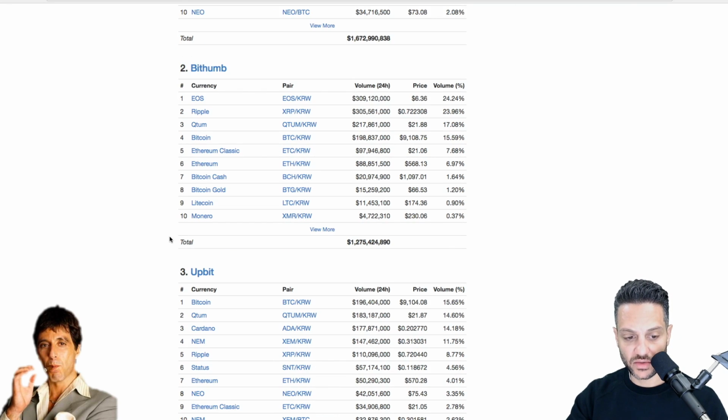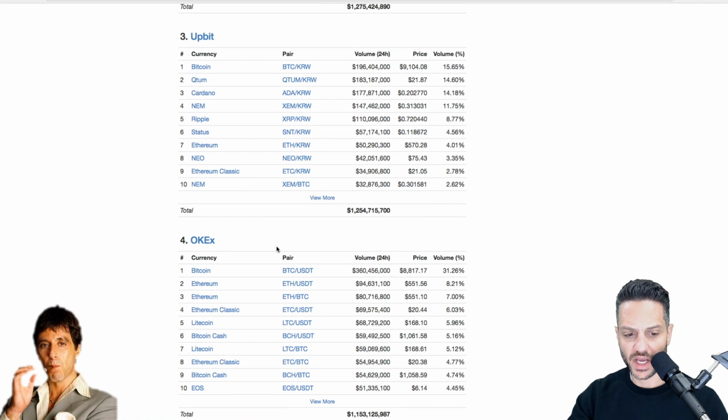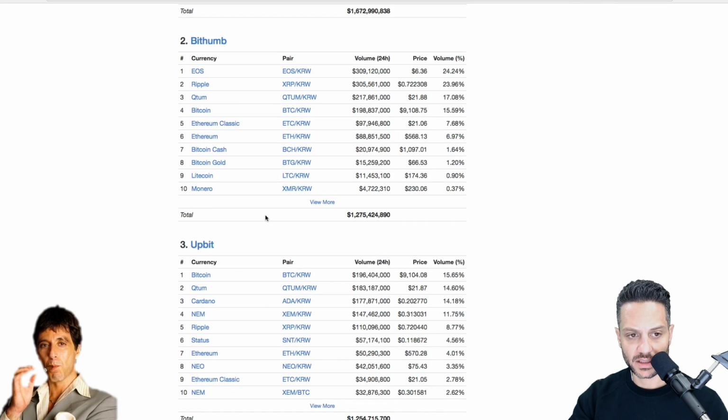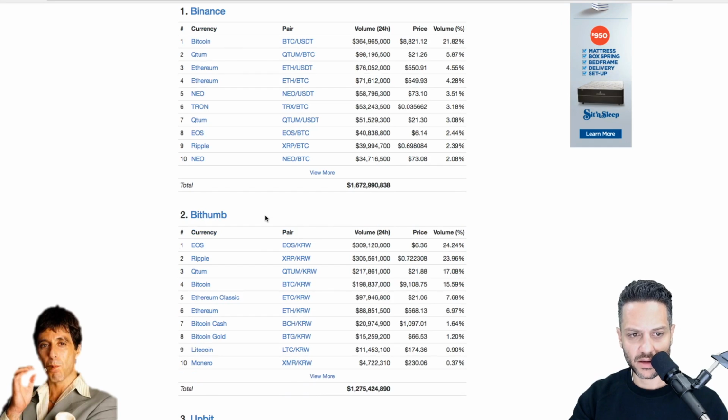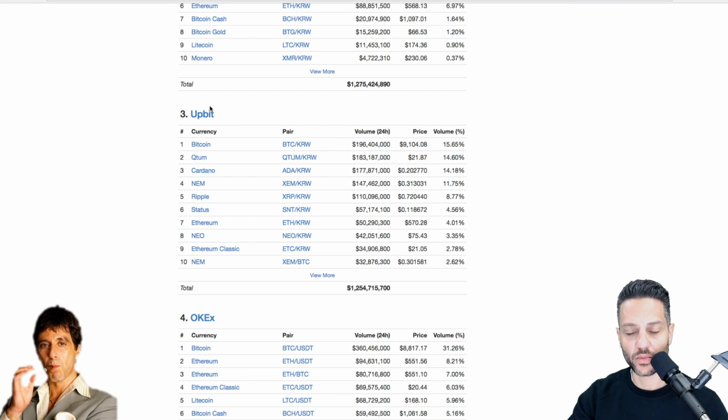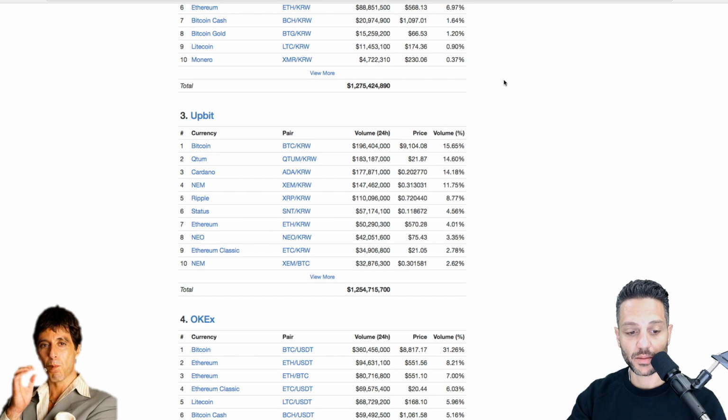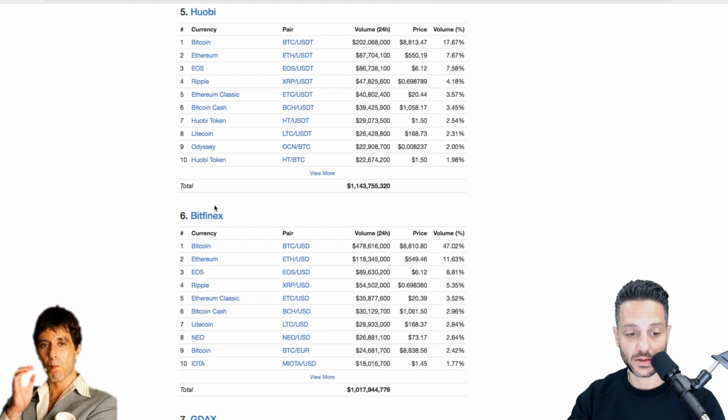You can do shorting on, say, OKX, and I think BitThumb or Upbit, one of those two, announced shorting a little while ago, but they allow you to short against USDT, I believe. Bitfinex is the one exchange that allows you to do BTC shorting on margin against USD.